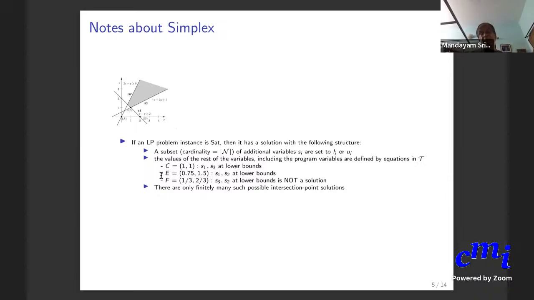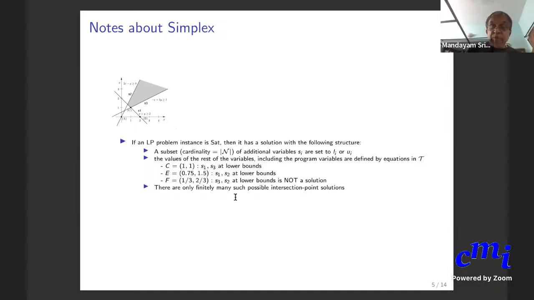Then they are set according to the equations, because all the variables in the non-basic set, when the procedure terminates, will be set to their lower or upper bound, and all the rest of the variables will be in the basic set. They are dependent on the non-basic variables, so they'll be set as the equation dictates.